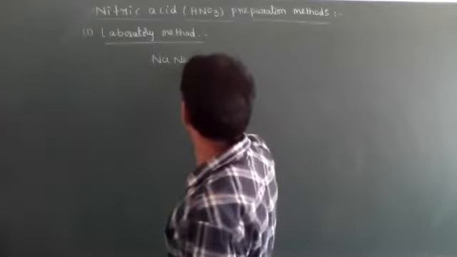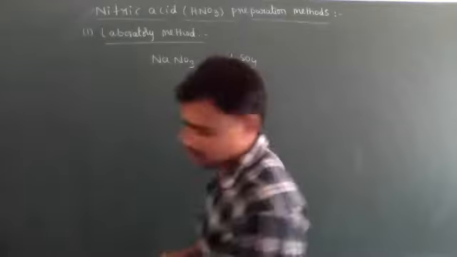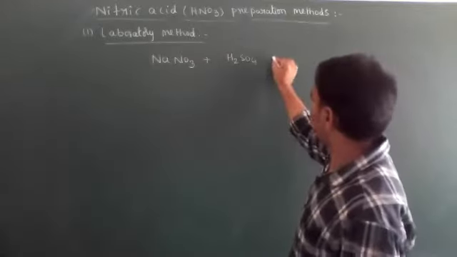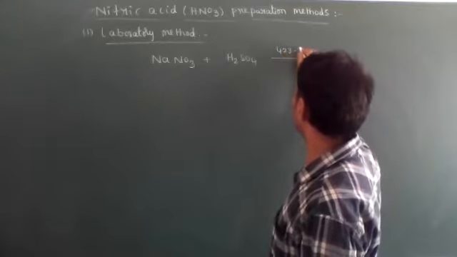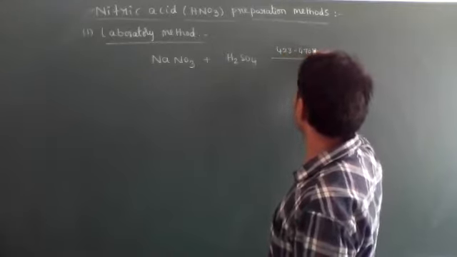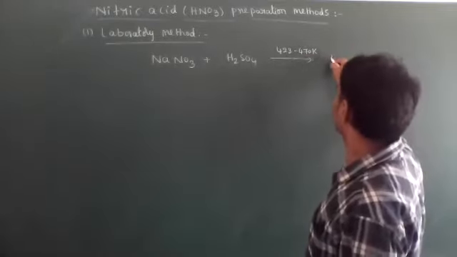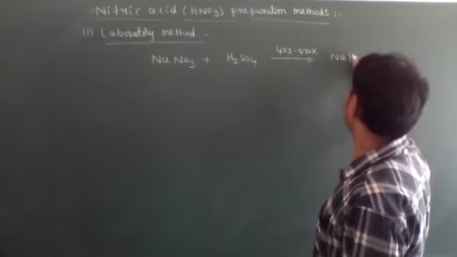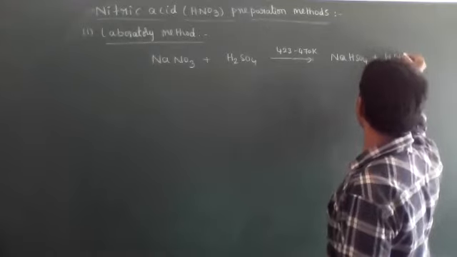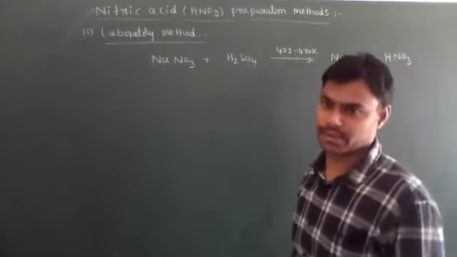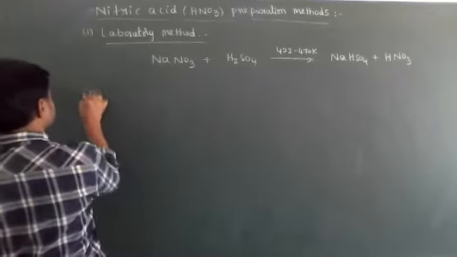NaNO3 is treated with H2SO4 at around 423 to 470 kelvins temperature. Then it forms NaHSO4, sodium bisulfate, plus HNO3. Nitric acid is prepared. That is the laboratory method. The second one is the industrial method.